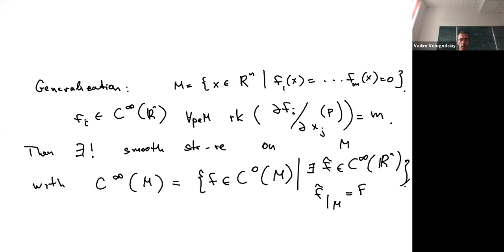You can think of M locally as a graph of a map from an n minus m dimensional open subset of Rn minus m to Rm. And this is by the general implicit function theorem. So it locally looks like a graph. And then you can use projection to define charts.